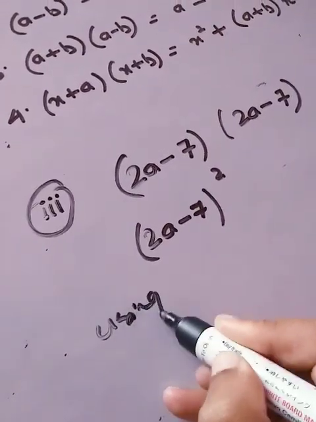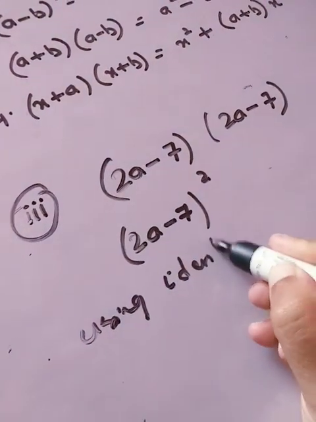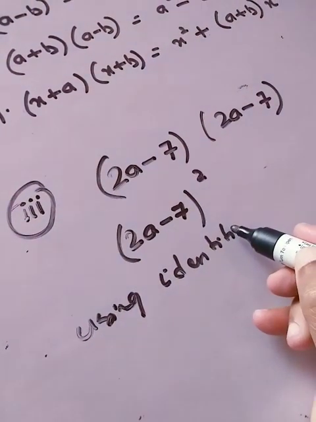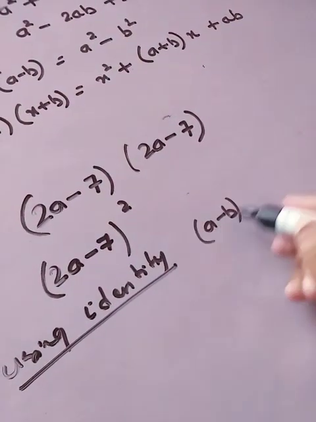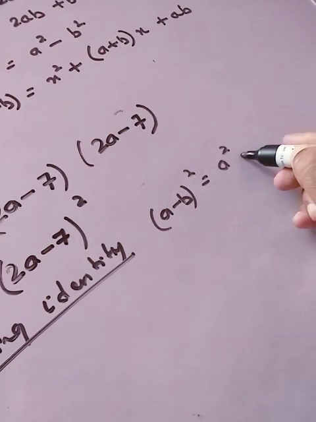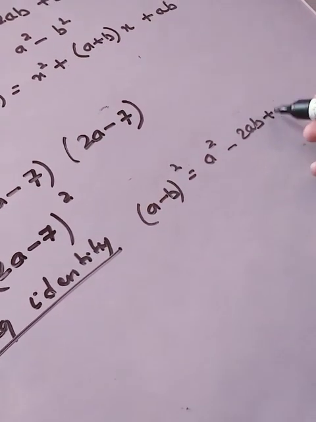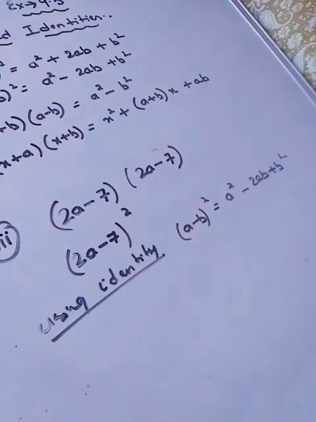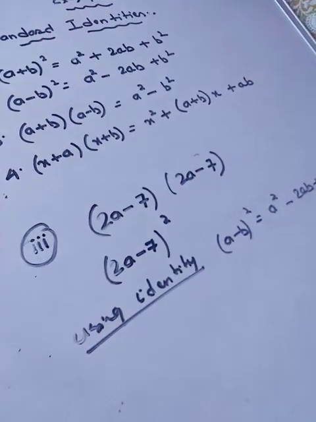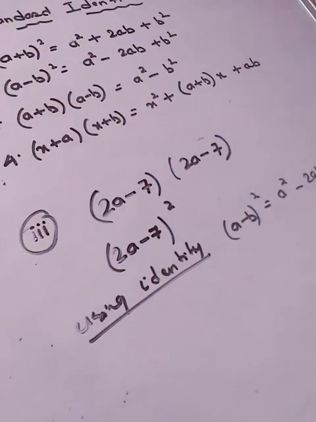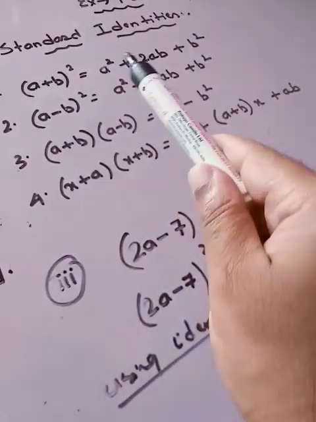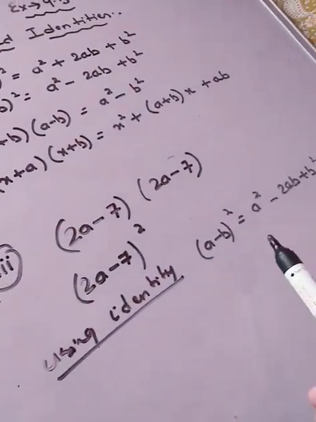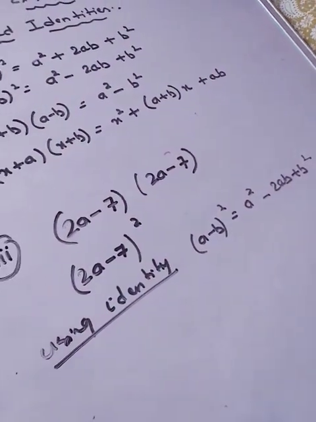So we will write it here, using identity, that is (a minus b) whole square equals a square minus 2ab plus b square. You have to also mention the identity, students. Okay, so please do the same thing for the last 2. This is sum number 1 and sum number 2, because we have used this one. So we will write using the identity (a plus b) whole square equals a square plus 2ab plus b square.